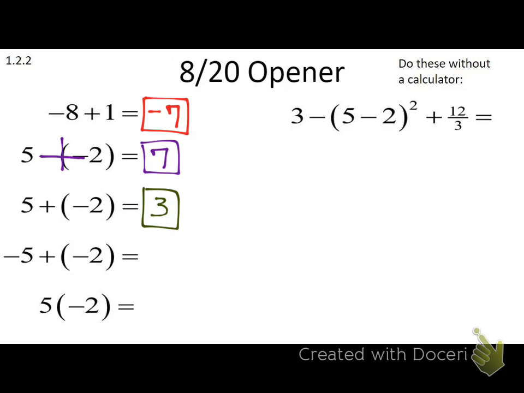What's another way of doing this one? When you have a positive and a negative touching, what happens to that sign? It cancels out and becomes a minus. So another way of looking at that problem would have been 5 minus 2, which equals 3. Can you guys see okay?